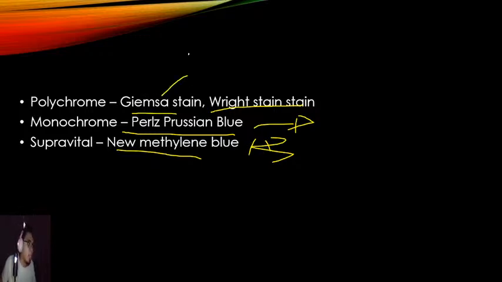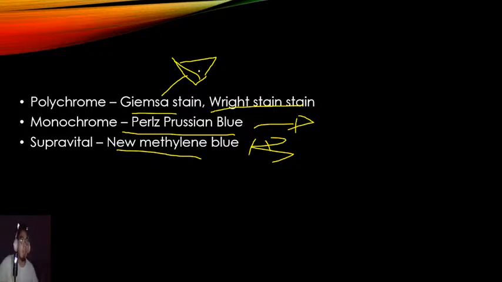Giemsa stain is basically used for more on parasitic blood film identification. Here in my workplace, we're using Leishman and Giemsa stains for parasites to better visualize malarial ring forms, trophozoites, and everything like that.